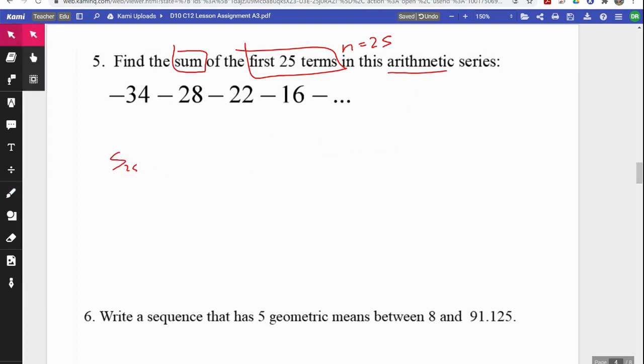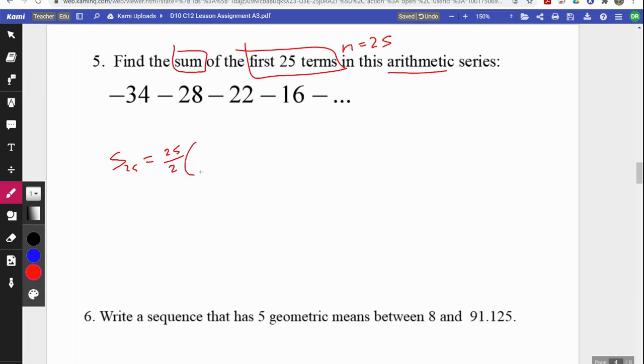All right, so S sub 25 is 25 over 2 parentheses 2 times A sub 1, negative 34. D looks like it's positive 6, so plus 6 times n minus 1, which is 25 minus 1.